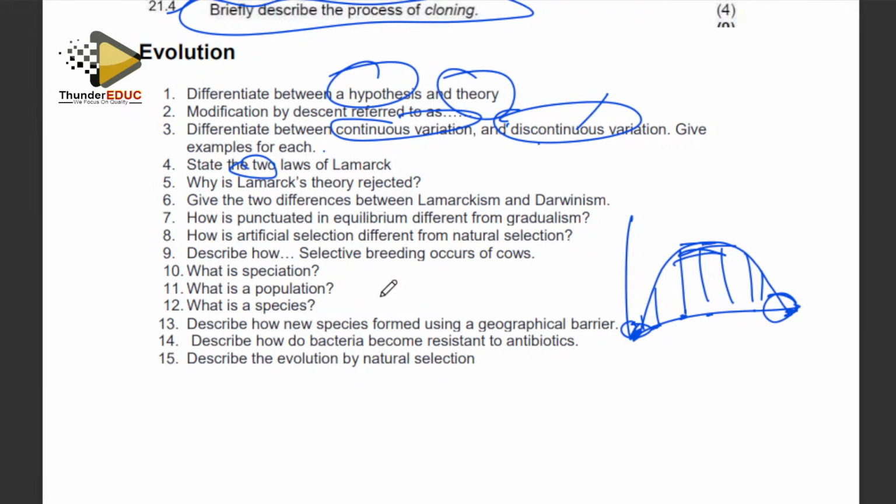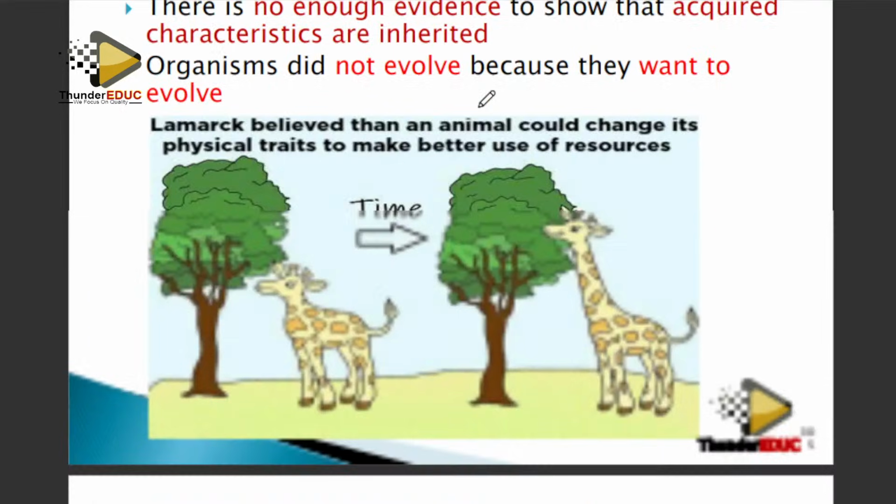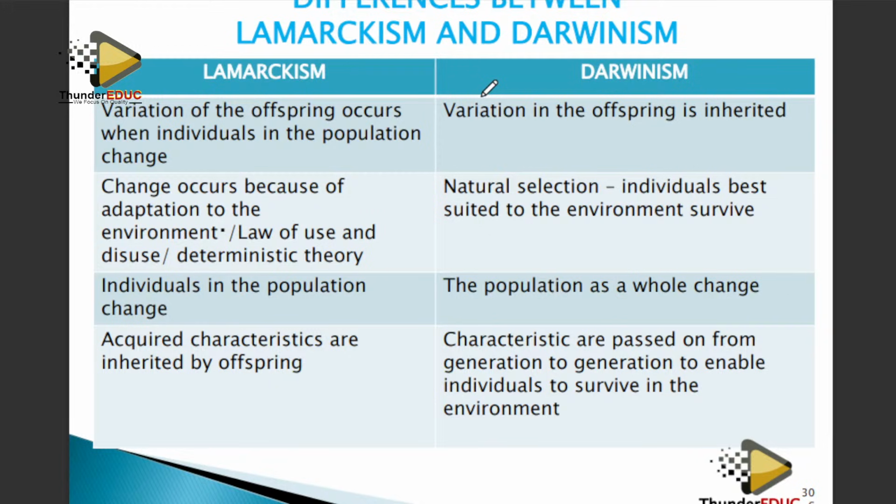So we are saying give two differences between Lamarckism and Darwinism. This one you have to know. Lamarckism, we say the variation of offspring occurs when the individuals in the population change. But here, variation in the offspring is inherited.